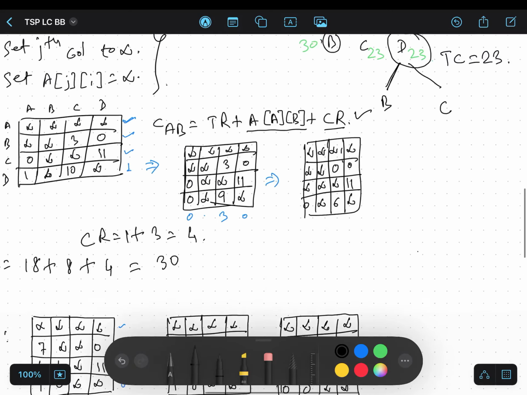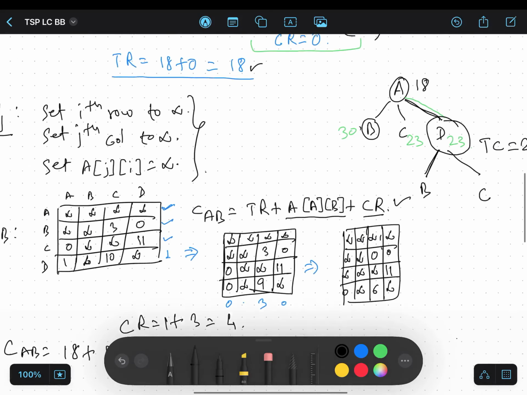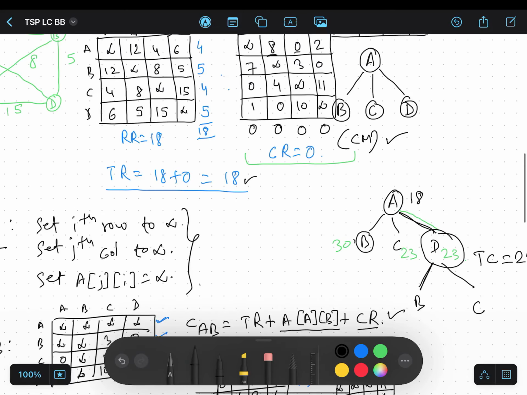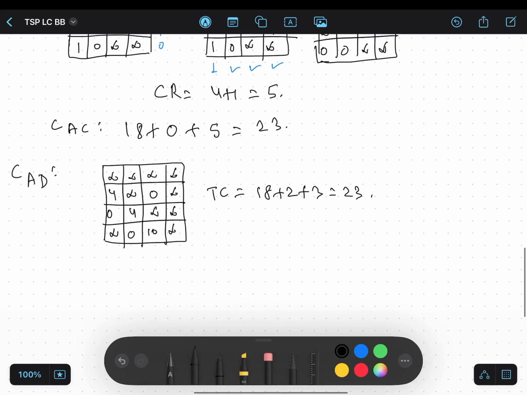So this will not be our current matrix anymore. Our current matrix is going to be this, because now we are starting from D and the matrix which was from A to D is going to be our current matrix and our total cost is going to be 23.